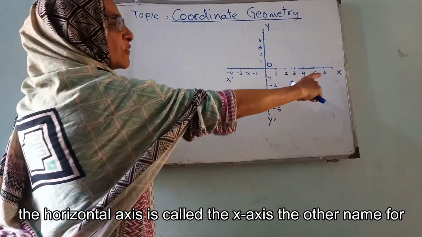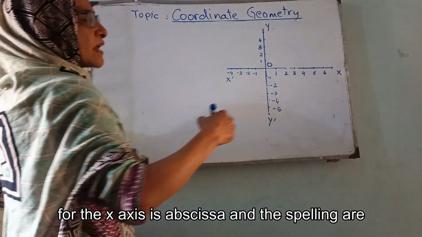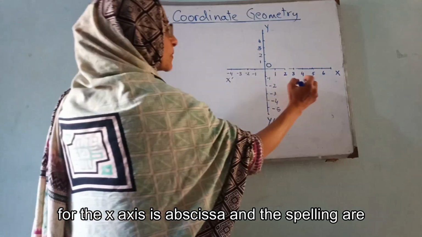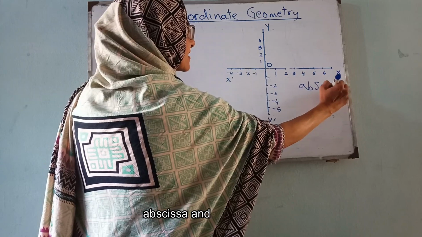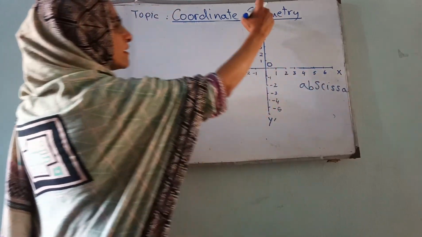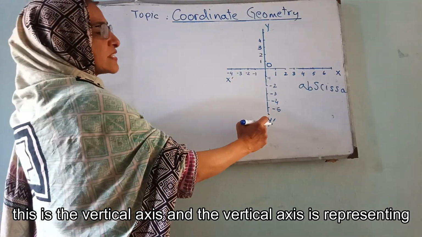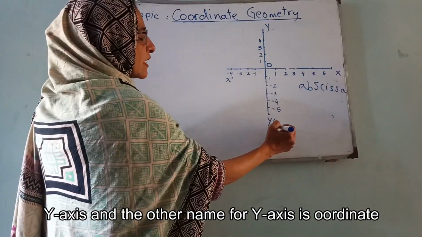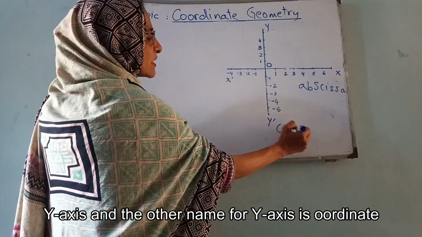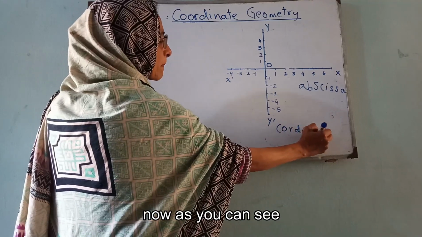The other name for the x-axis is abscissa, spelled A-B-S-C-I-S-S-A. And this is the vertical axis, which represents the y-axis, and the other name for the y-axis is ordinate.